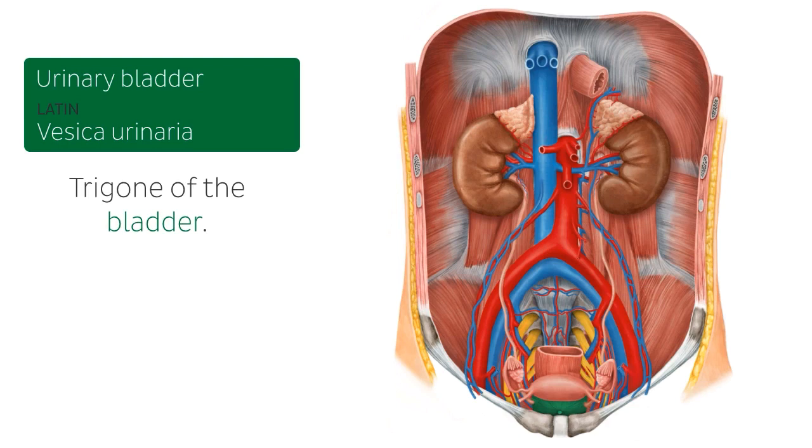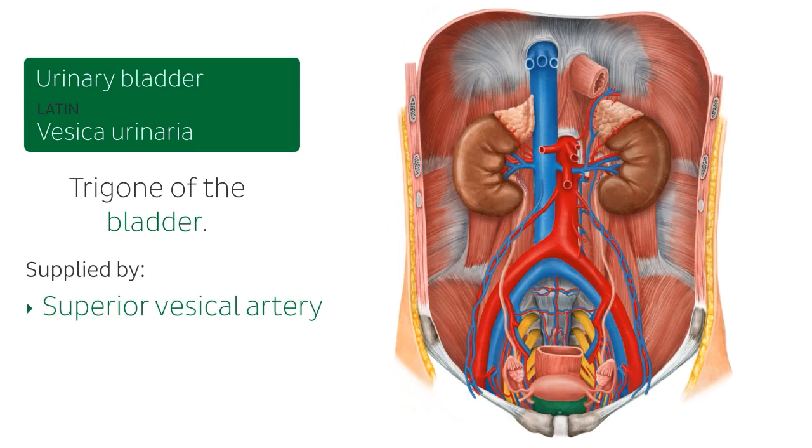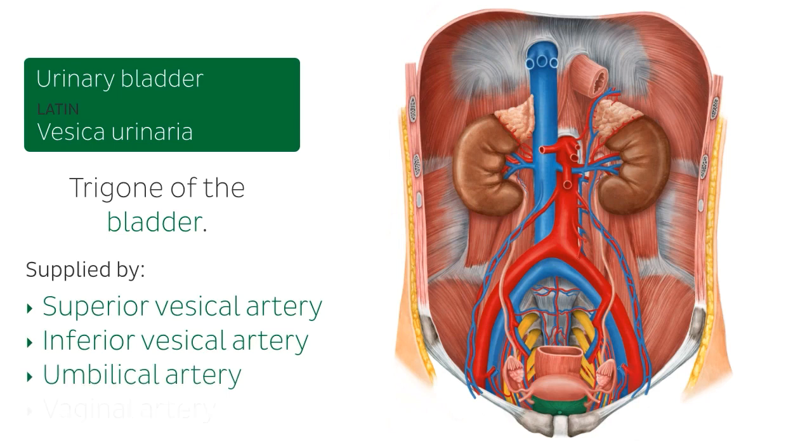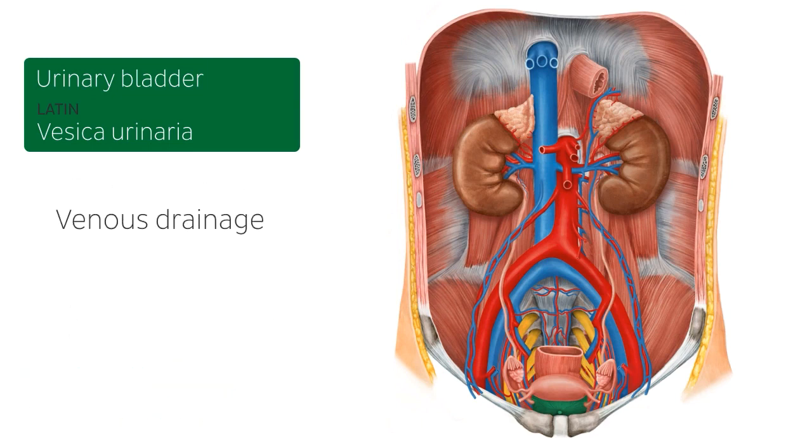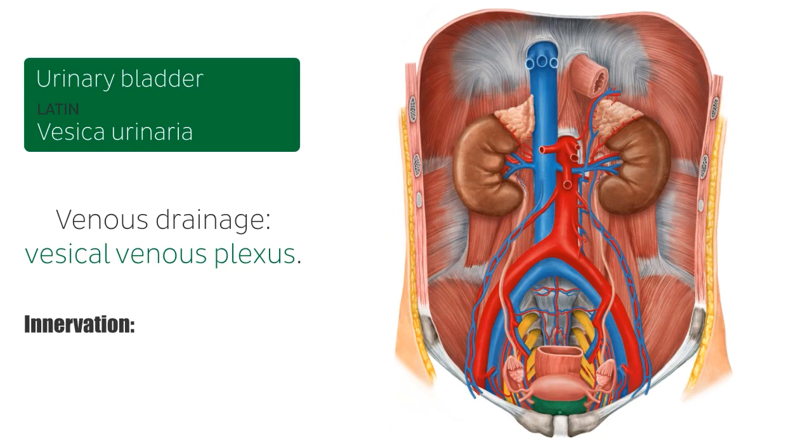The bladder is supplied by the superior vesical artery, the inferior vesical artery, the umbilical artery, and the vaginal artery, specifically in the female pelvis. Venous drainage of this organ is carried out by the vesical venous plexus, and the urinary bladder is innervated by the vesical nervous plexus.